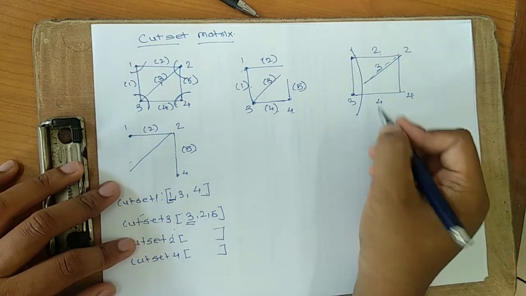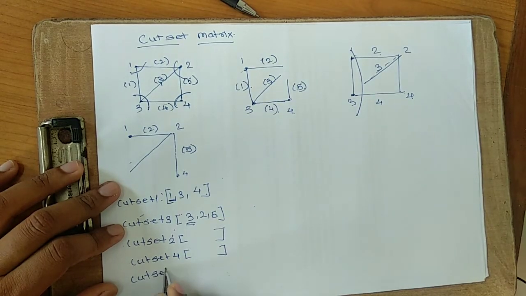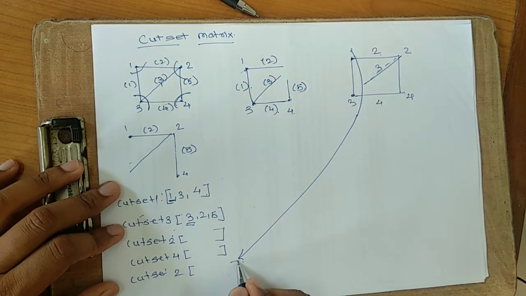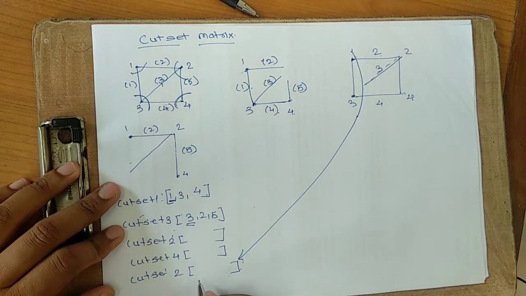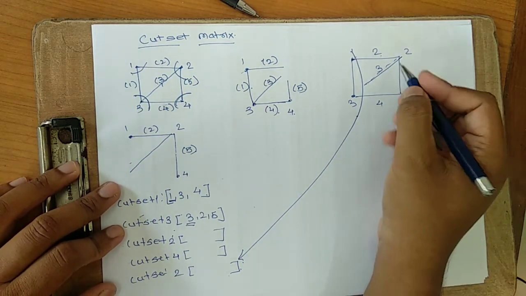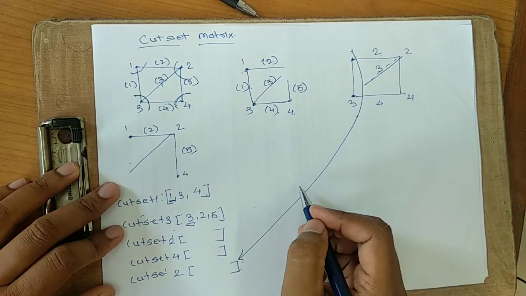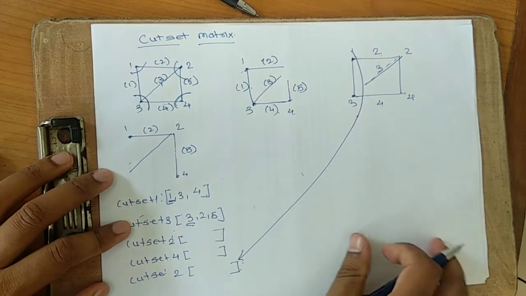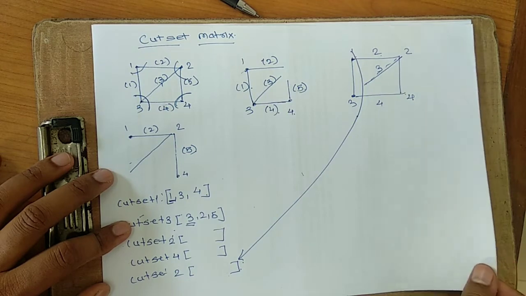You can give the cut set a different number. Again I will give this 2 for this structure. So in that way you have to give the nomenclature 2, 3 and 4: branches 2, 3 and 4 we are cutting. So like that you have to simplify this. We will take one problem and find the cut set matrix for that problem.